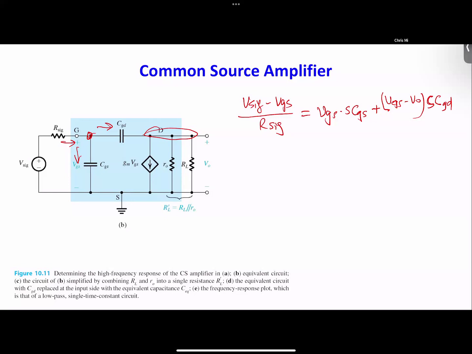Once we combine these two, we think there's one current coming this way, one current coming this way, and one current coming this way. They have 3 currents, so we add them all together to get 0.